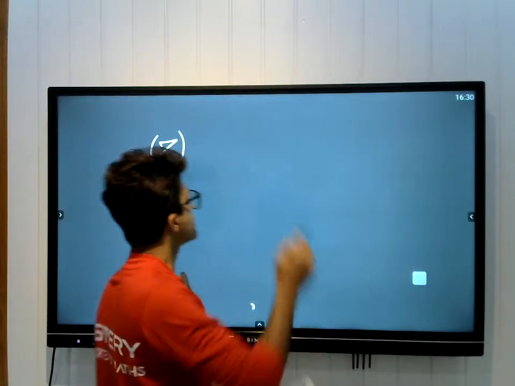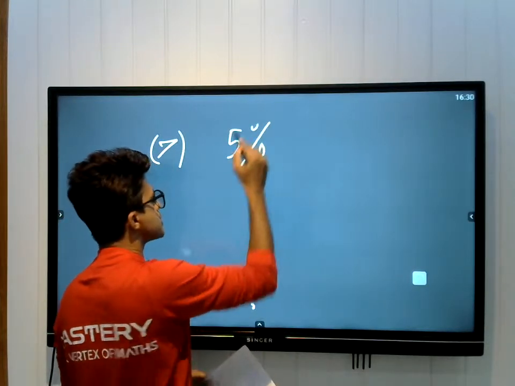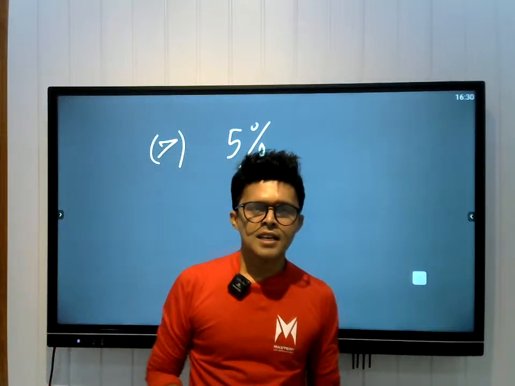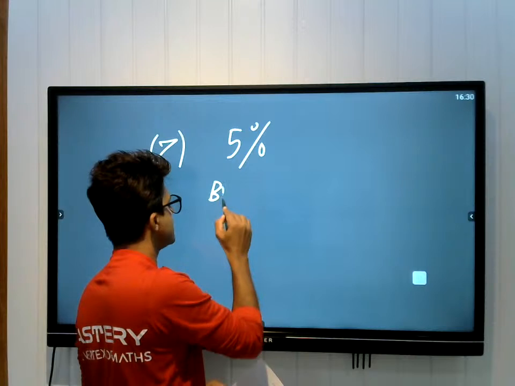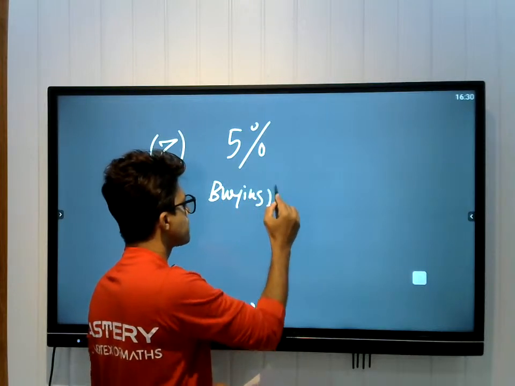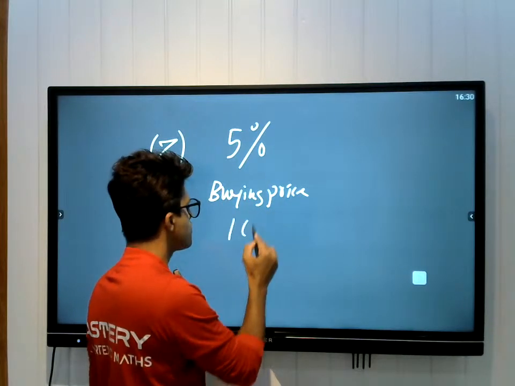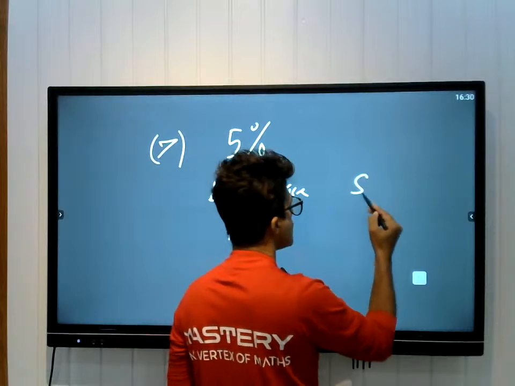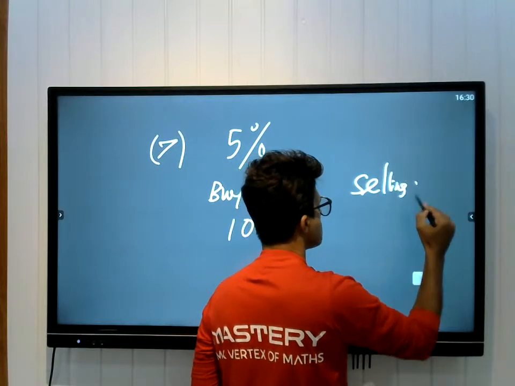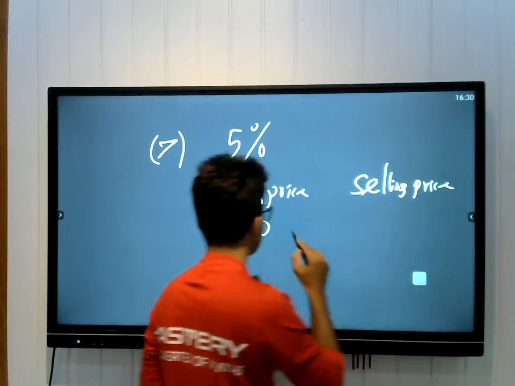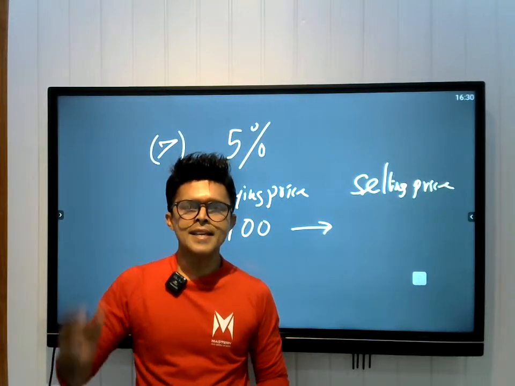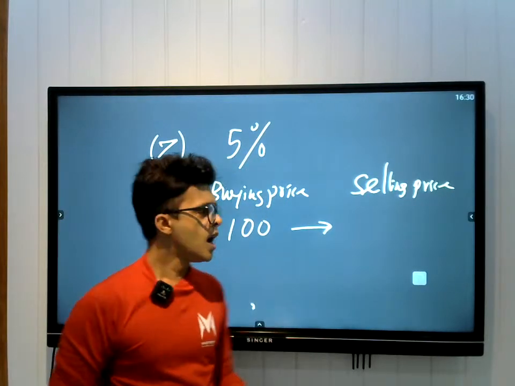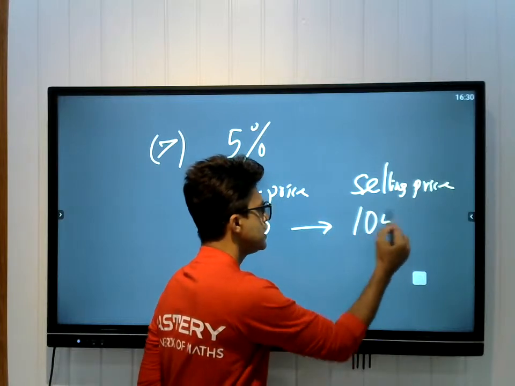Just imagine that if the buying price of this article is 100 rupees, then he sells that article for 105 rupees. This is the idea.